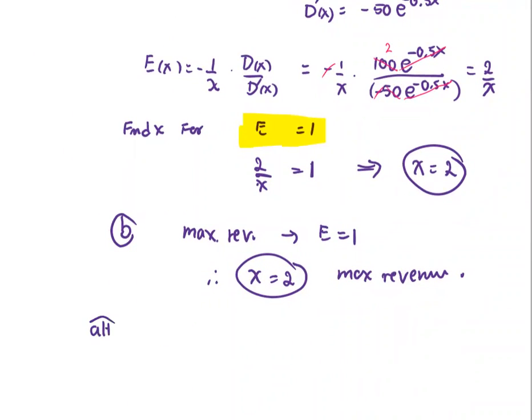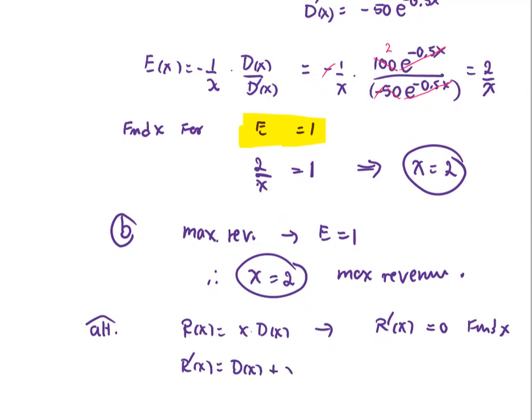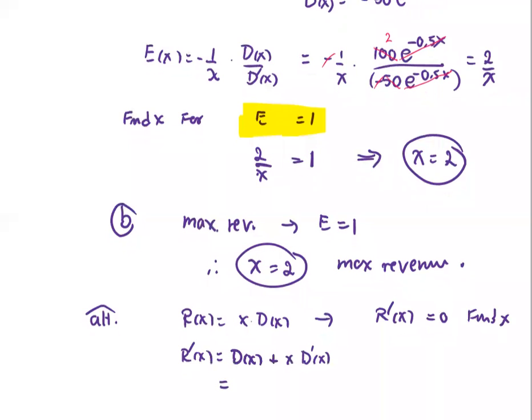Since R(x) is x times D(x), we're going to find x by using R prime and letting it be 0, which is the normal routine to find the critical number. But this one is more tedious, because R prime is the derivative of x times D(x), using the product rule, which comes out to be D(x) plus x times D prime of x.